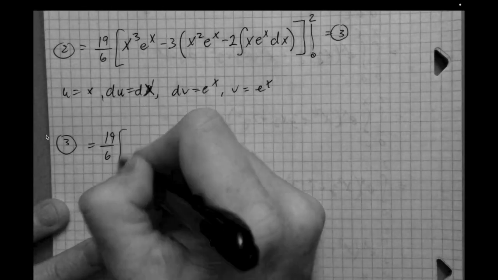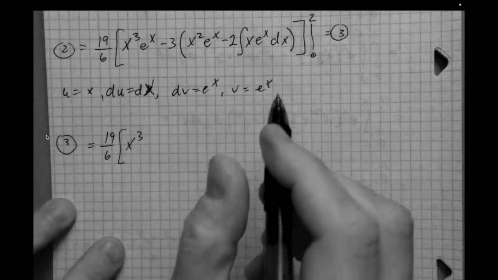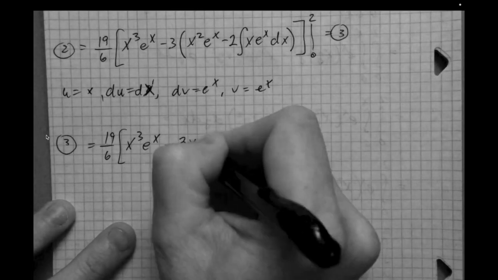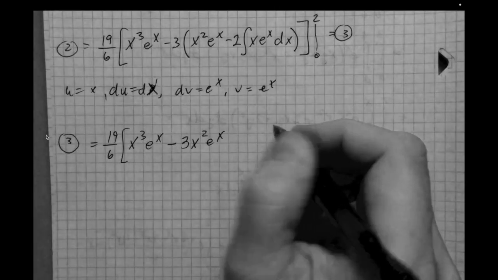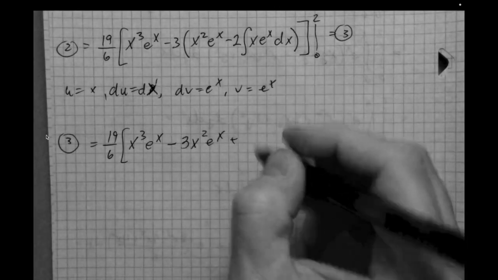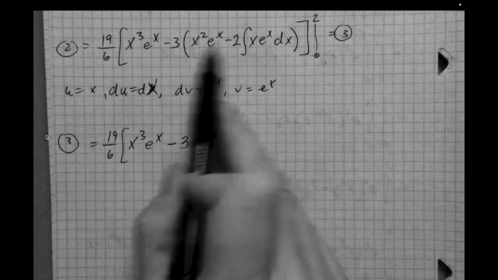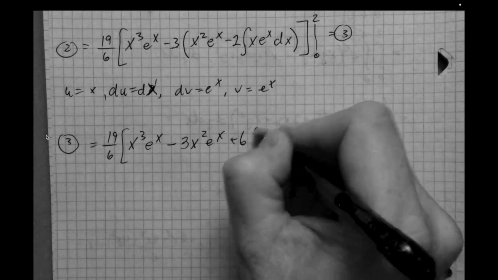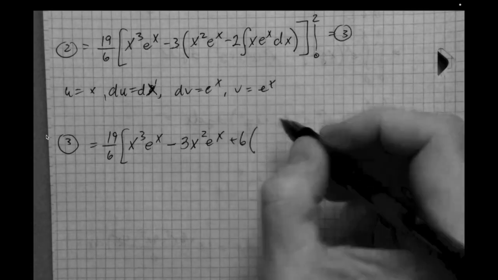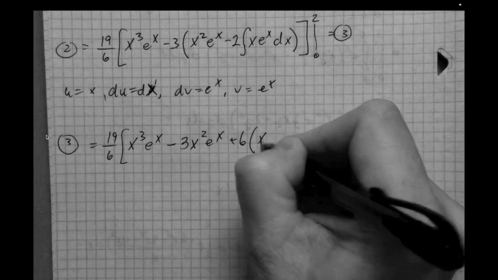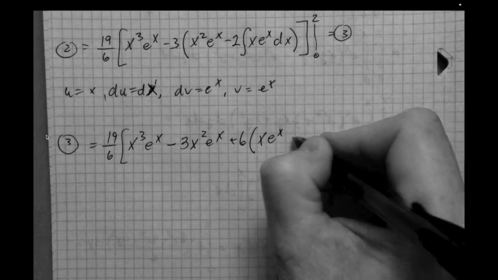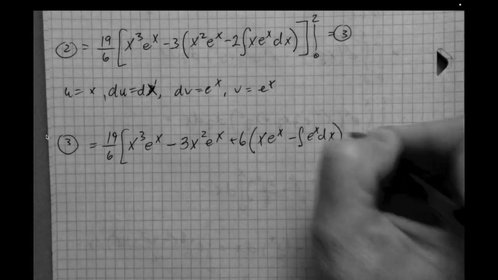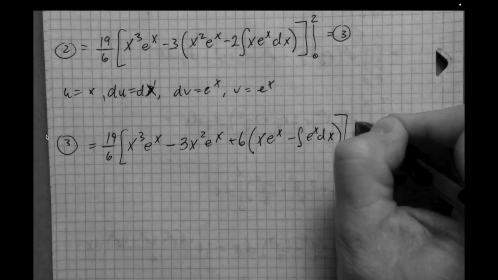Going through it here, we get x cubed e to the x minus 3x squared e to the x plus, now you have to remember to multiply these through, so you get plus 6 times, and now here's the last part you plug in, and you get x e to the x minus the integral of e to the x dx. And that's from 0 up to 2.